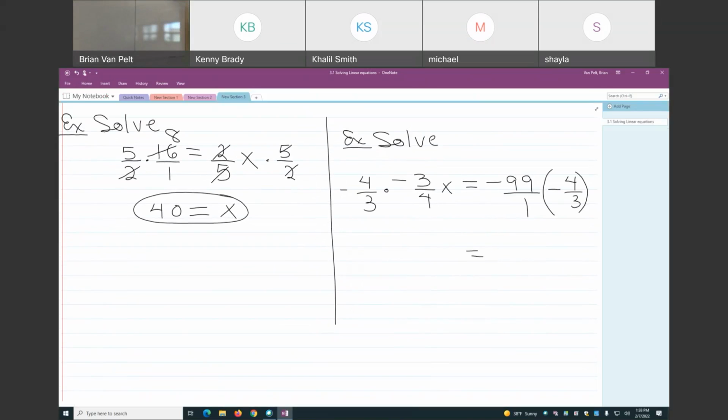Left side would be easy. All these things cancel out. On the right side, the negatives cancel. The only other thing I can do is this 3 will go into 99 33 times. Those negatives also cancel. And 33 times 4 is 132.